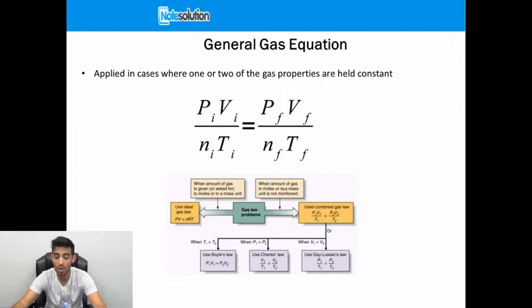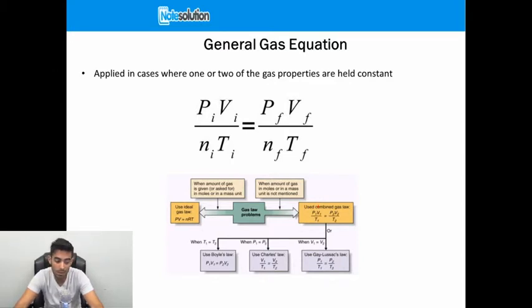When they don't mention the amount of gas in moles or in mass units, then we use the combined gas law, which is the general gas equation. For using PV equals nRT, that's just straightforward. You just plug in the values and you get it. But using the combined gas law, we have to know which scenario we have.